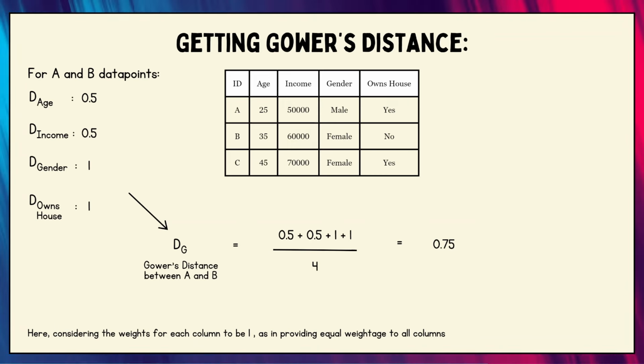in the Gower's distance method, we get pairwise distances between all the different data points. So we get a pairwise difference between, in this case, A and B, B and C, A and C, and then we can analyze which points are similar to each other and which points are highly dissimilar to each other using the Gower's distance.